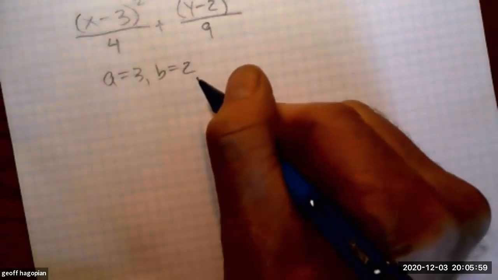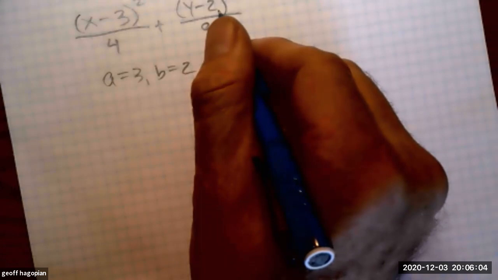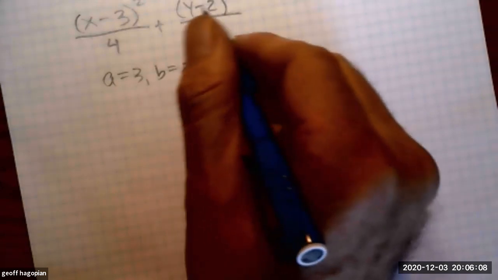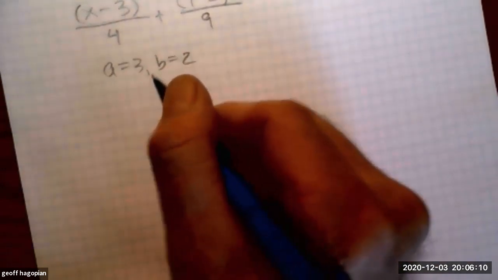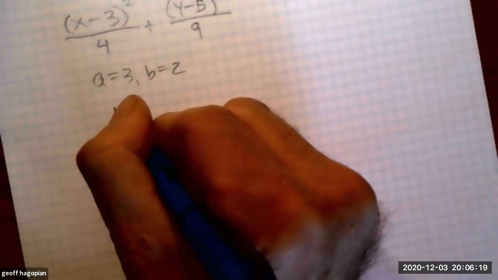Where's the center? The center is at 3, 2. Oh, that's interesting. Yeah, that's a coincidence. Should we put it somewhere else? Here, we can change this to a 5. Okay, so now the center is at 3, 5.